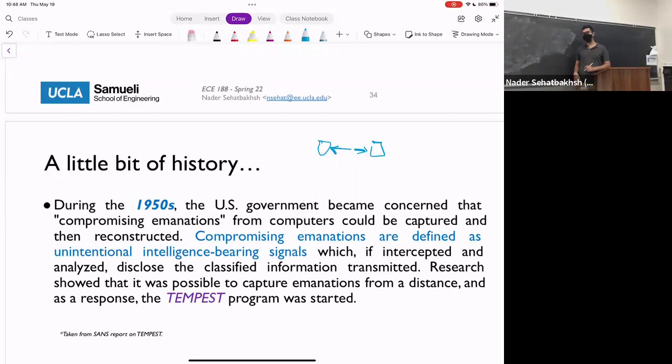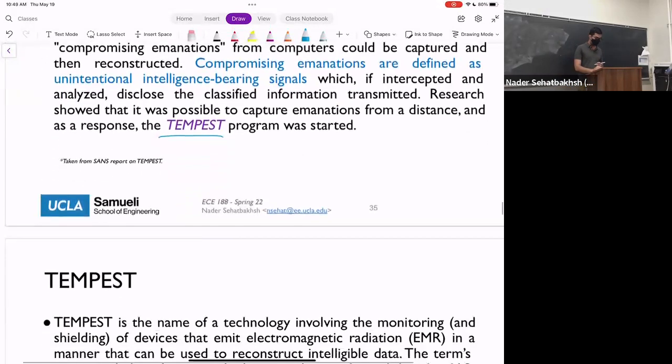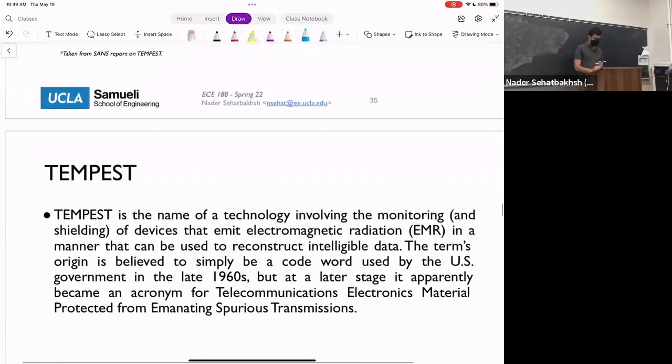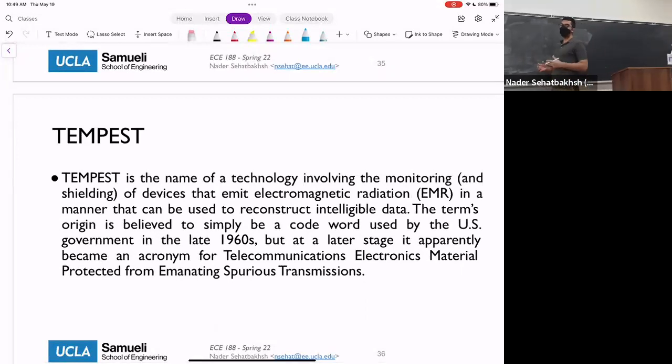This was a secret program in U.S. intelligence called Tempest. It stands for, I don't remember right now, but it has something to do with emanations. Anyway, the Tempest program became the gold standard afterwards.